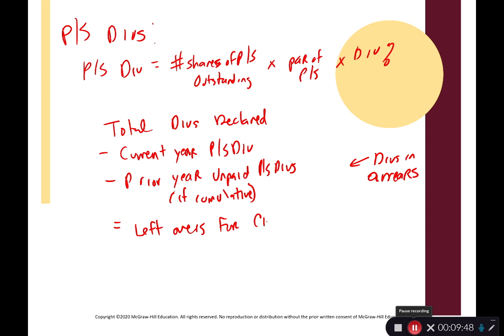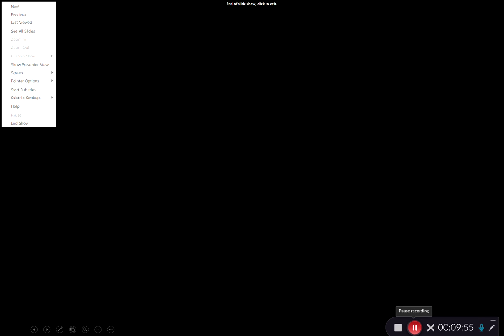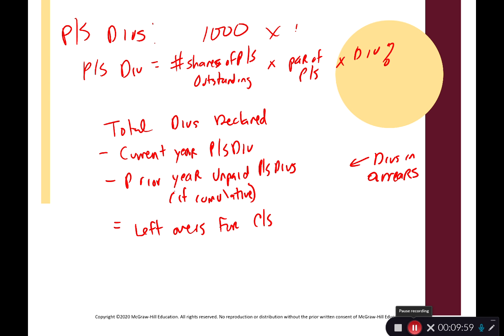So let's say the number of shares outstanding were 1,000. The par value is 100 and the dividend percentage is 6%. So just as an example, we would take 1,000 times the 100 times the 6%, and we would get a $6,000 preferred stock dividend.